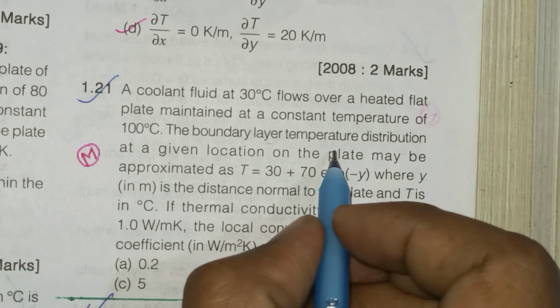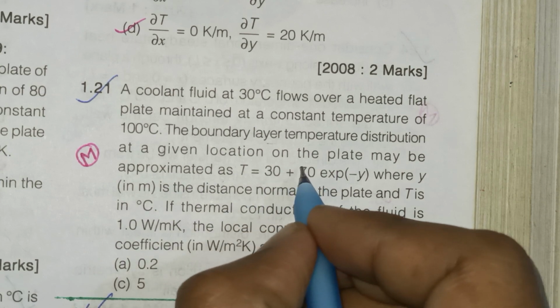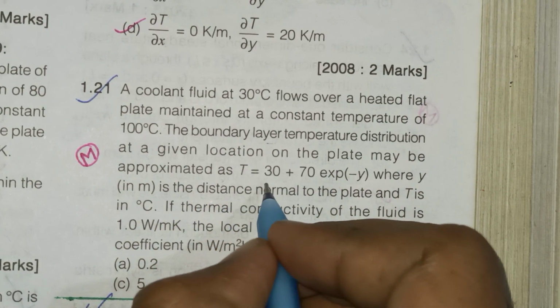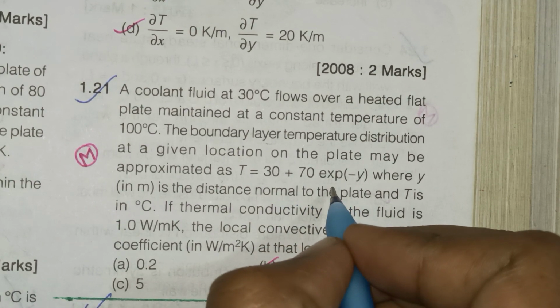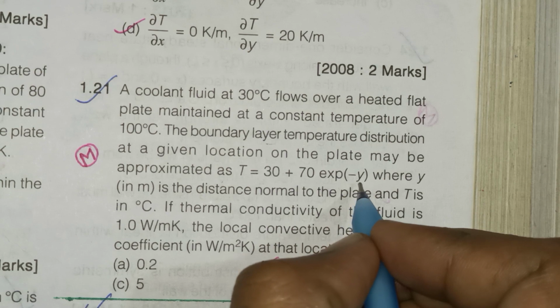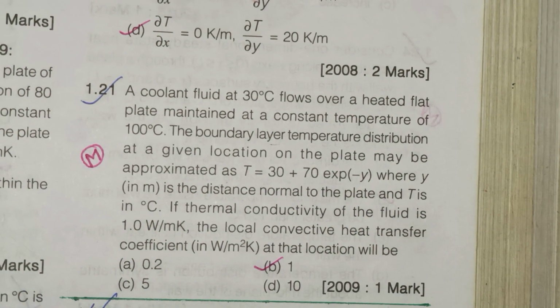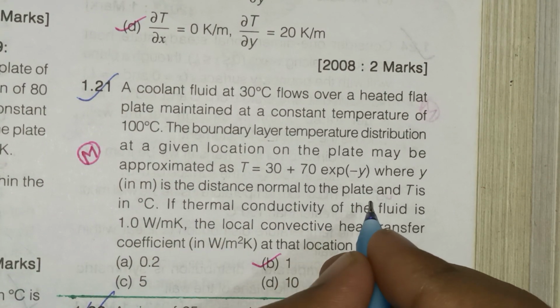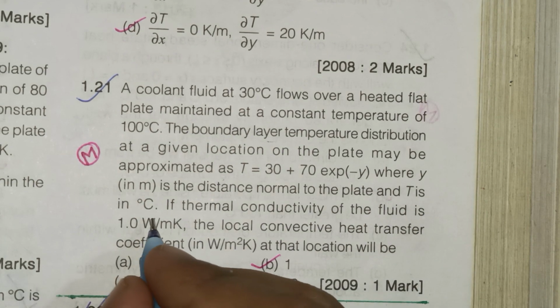The boundary layer temperature distribution at a given location on the plate may be approximated as T equal to 30 plus 70 into e to the power minus y, where y in meter is the distance normal to the plate and T is in degree Celsius.